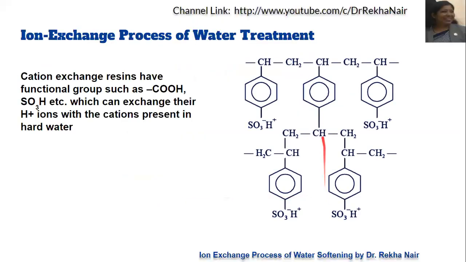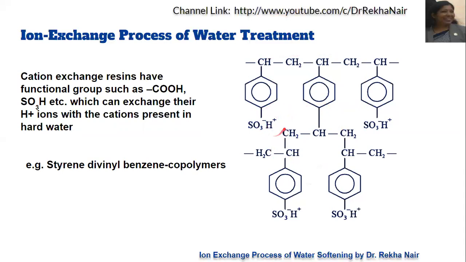Now, this is a cation exchange resin. You can see here we have groups like SO3 minus H plus, or a group like COOH, which can exchange their H plus ions. So this cation exchange resin can be written as RH plus. This is a styrene divinyl benzene copolymer which is acting as the cation exchange resin.